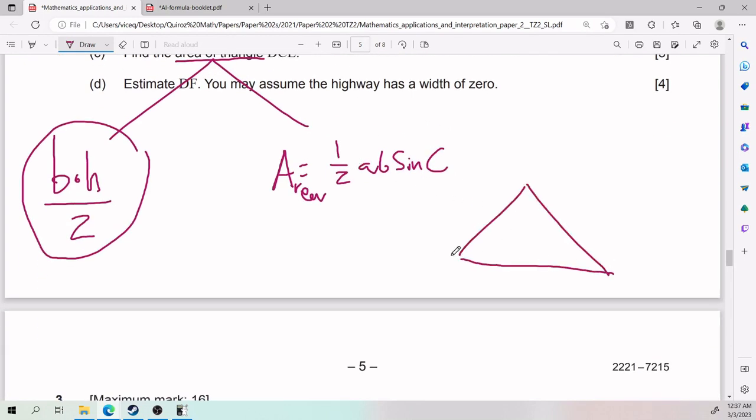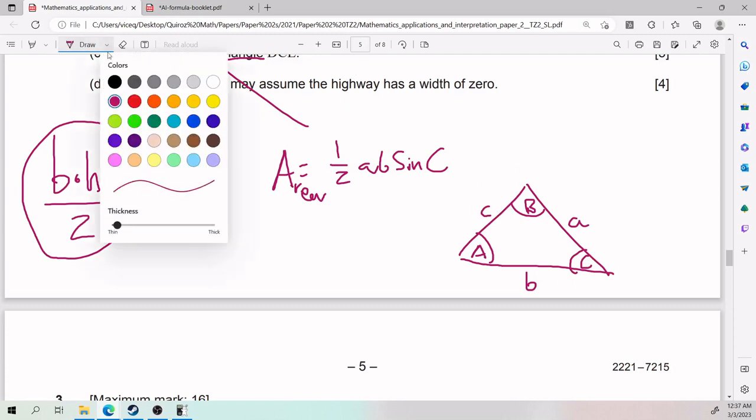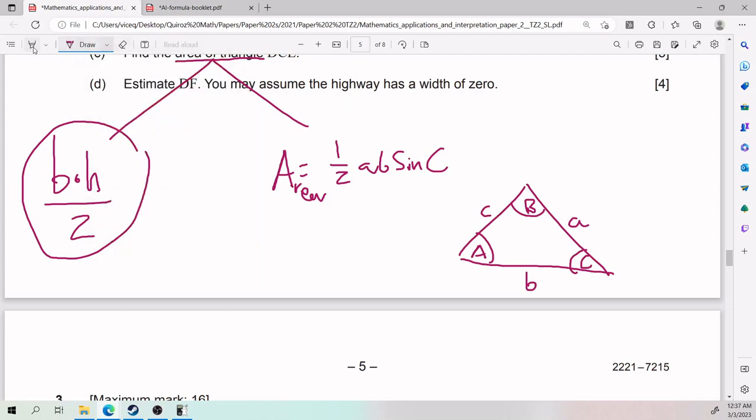So we have, whatever, I'm just going to call this big A, big B, little b, big C, little c. This is stuff we're used to. If we highlight a little bit, do I have a highlighter? Oh, I do. So little a, little b, sides.